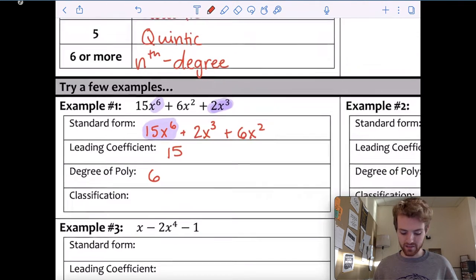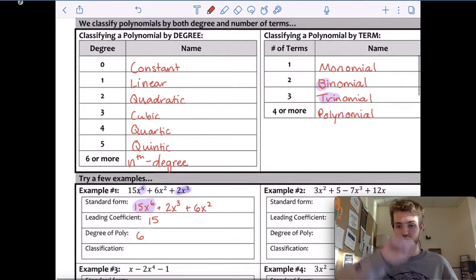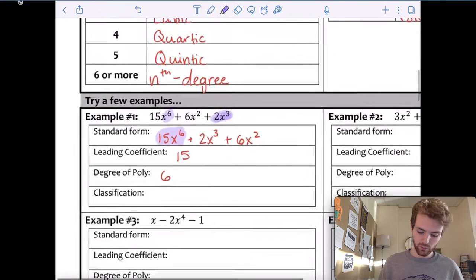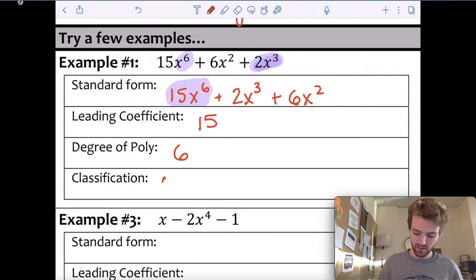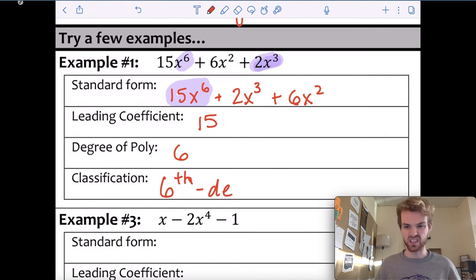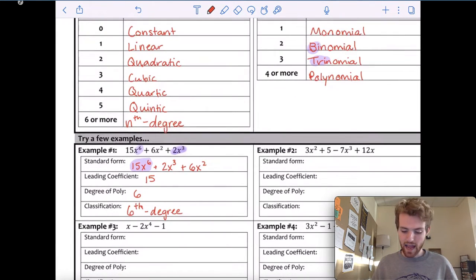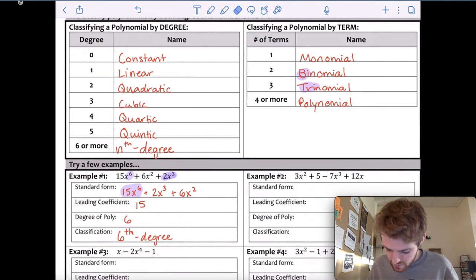Now, for the classification, this is where we're going to use this terms list. When we look at the degree, we just found the degree is 6, telling us we call it nth degree. Instead of writing nth degree, we substitute out that n and we just write the 6th degree. So if it was a 10th degree, we would write 10th degree.